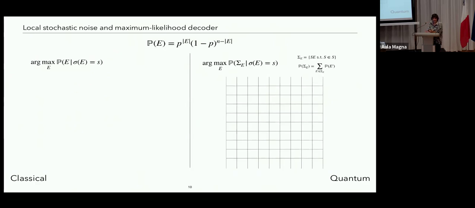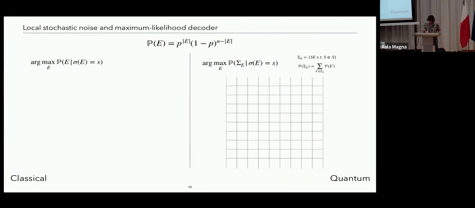And in the classical setting, this is the case. The problem is, as we have seen, that in the quantum case, because of degeneracy, we have an entire class of errors that have the same syndrome. So this is the maximum error probability that agrees with the syndrome. Sigma of E indicates the syndrome.